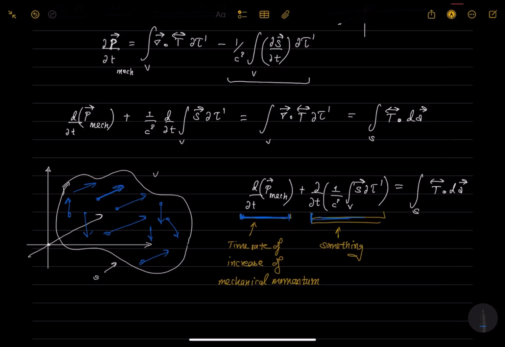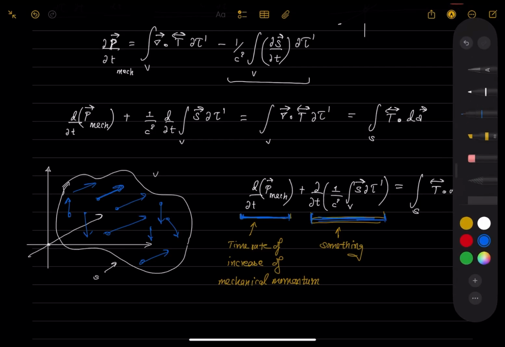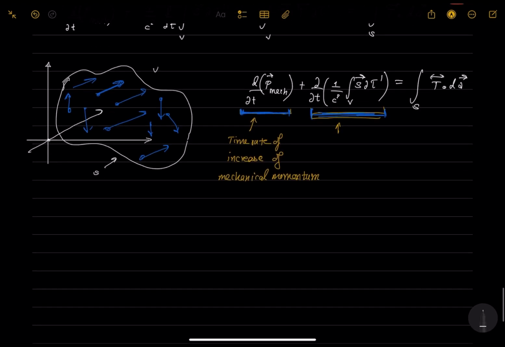And this term we interpret to be the momentum stored in the fields, right? This interpretation is also justified by the fact that this term literally includes the volume integral over the entire volume that you're considering.